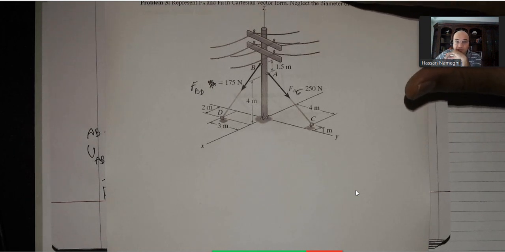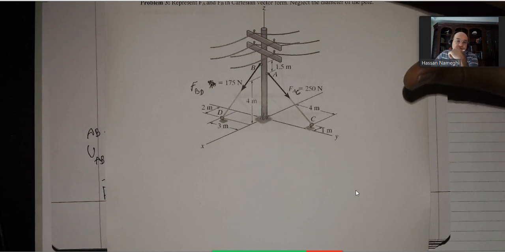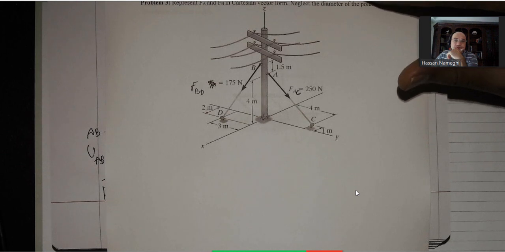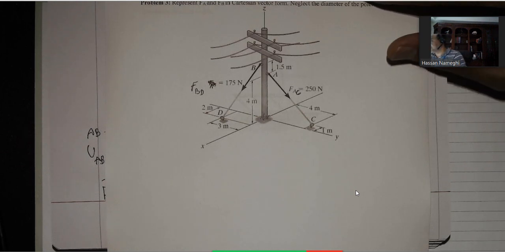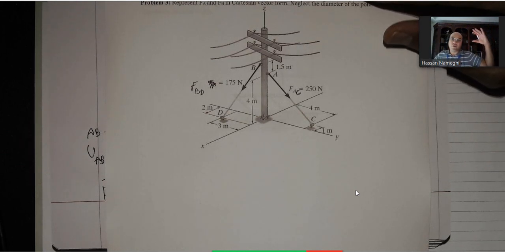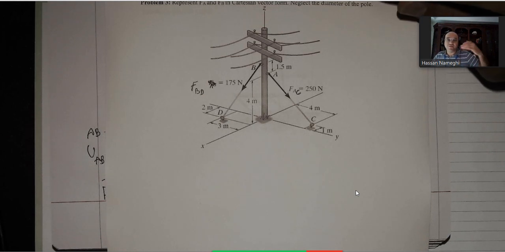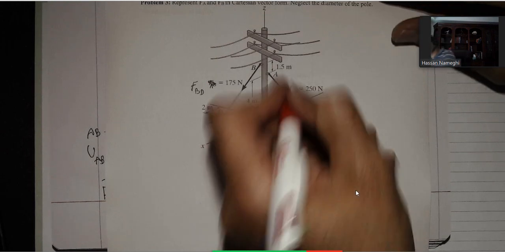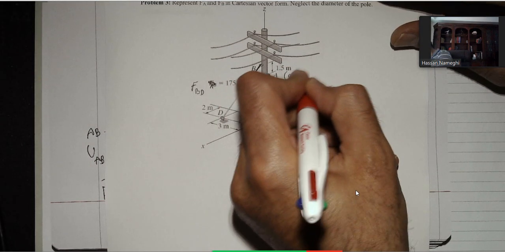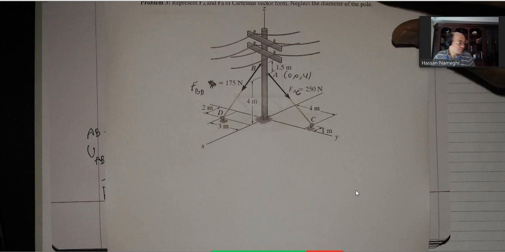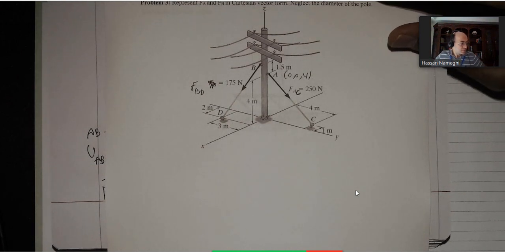What's the position of A? Okay, I'm still waiting. 0, 0, 4 is on the pole, right? On the origin, 0, 0, 4. What's the position of C? There is a 4.